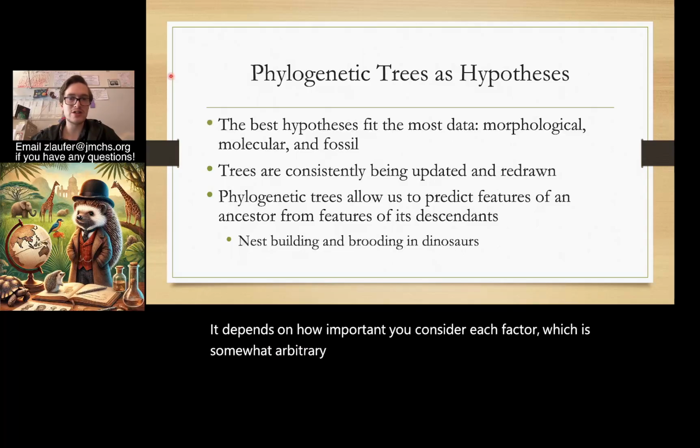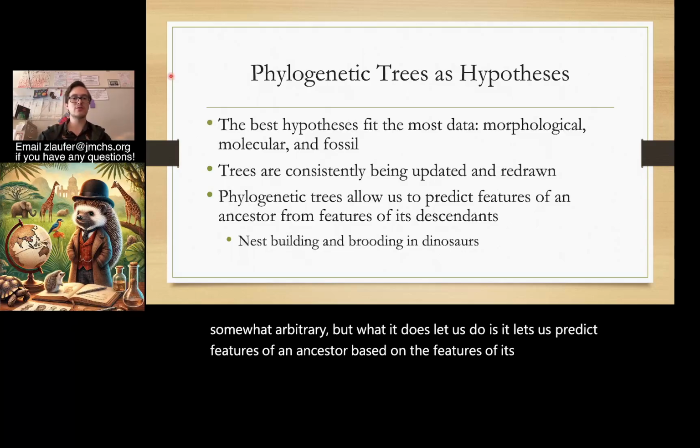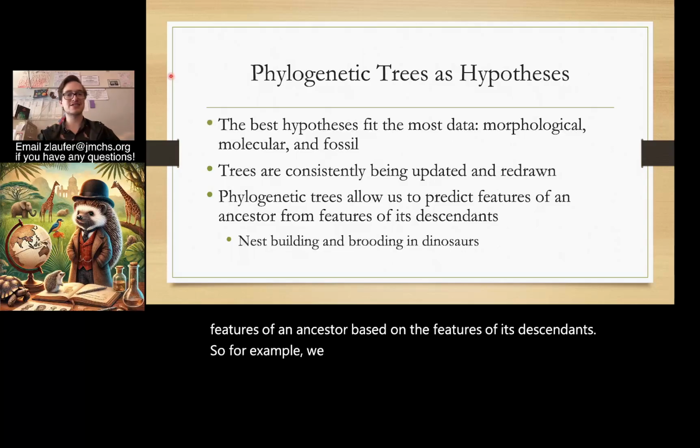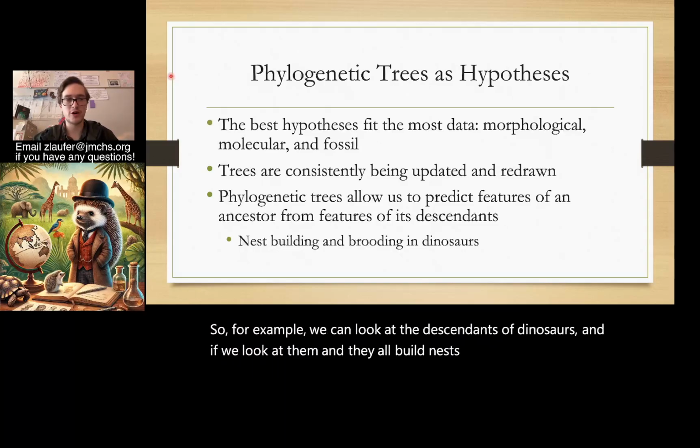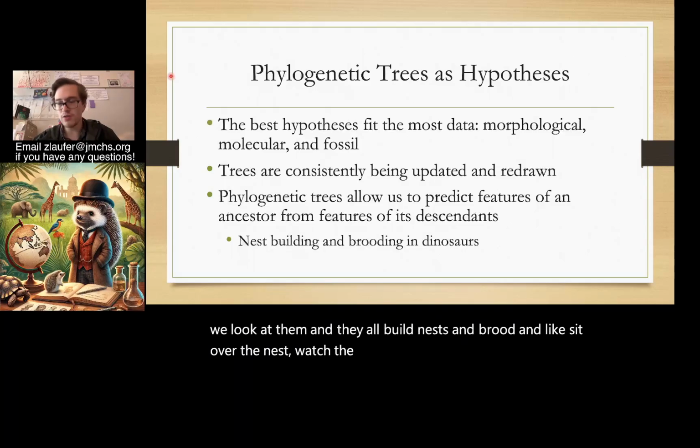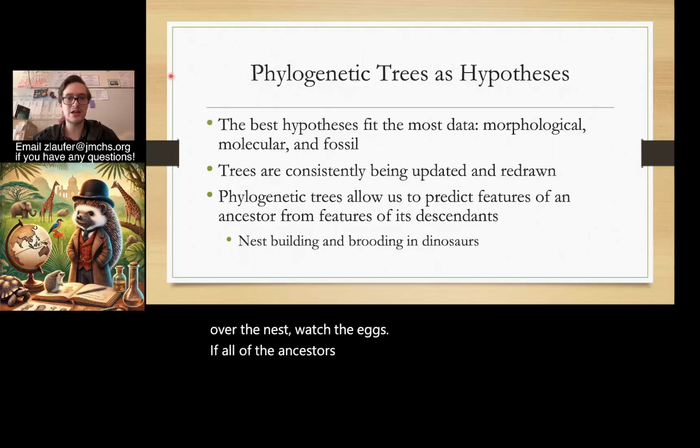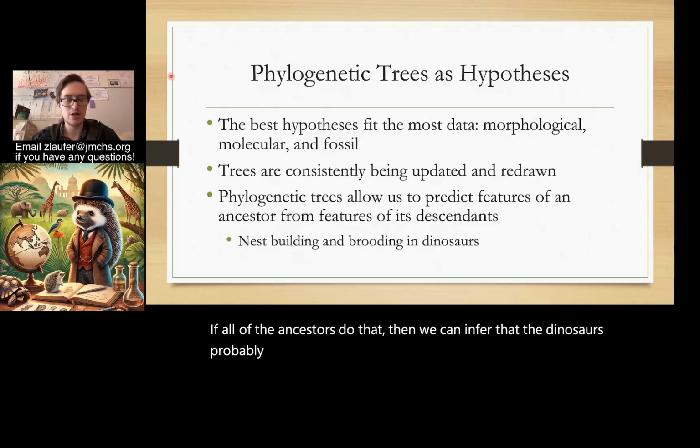But what it does let us do is predict features of an ancestor based on the features of its descendants. So for example, we can look at the descendants of dinosaurs, and if they all build nests and brood and sit over the nest, watch the eggs, if all of the ancestors do that, then we can infer that the dinosaurs probably did as well.